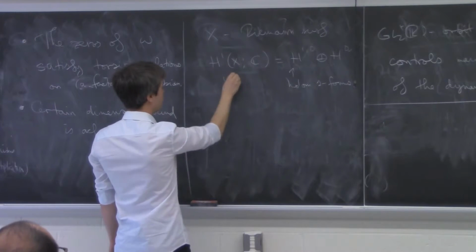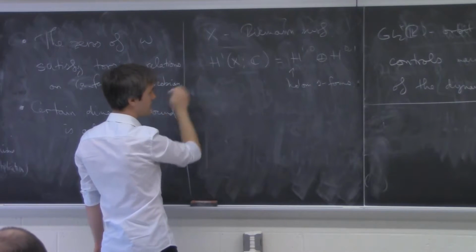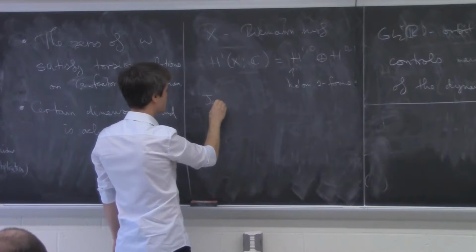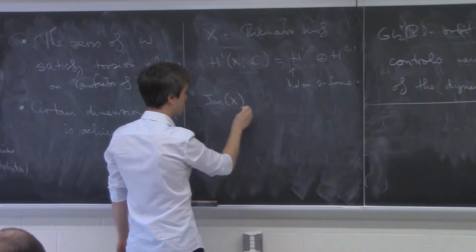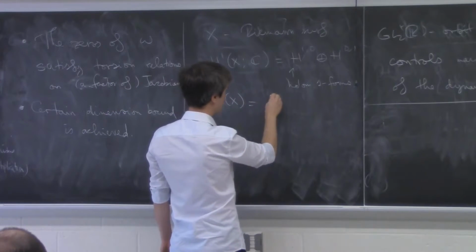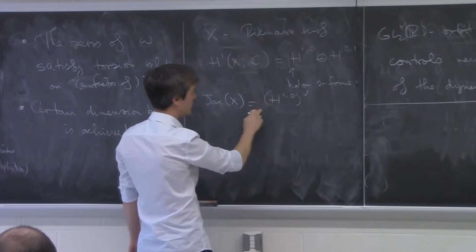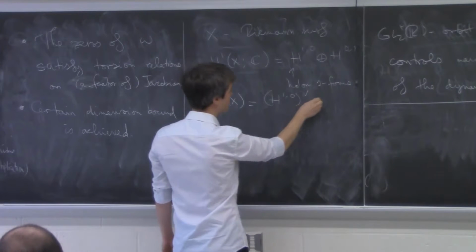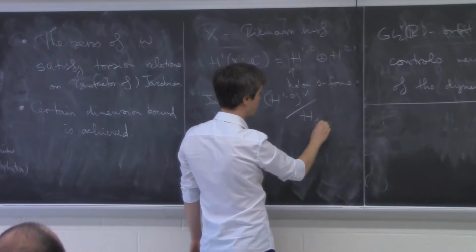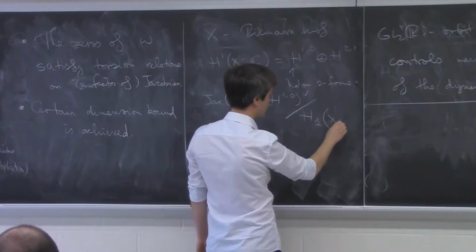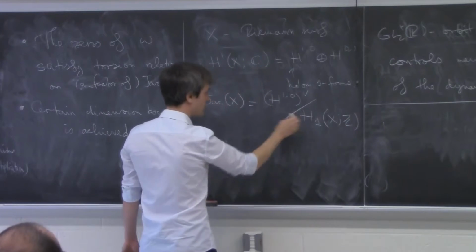And you also have here the integer lattice. So the Jacobian of X is, you take H^{1,0}, the dual of the holomorphic one forms, and you quotient by the integer lattice, the homology lattice.